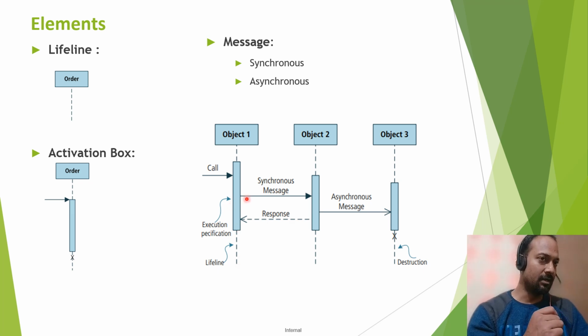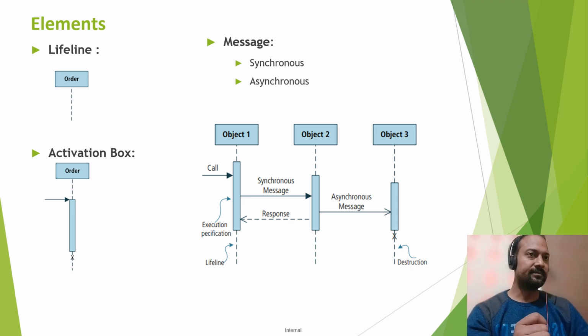And you can see the exchange of the messages in between, and at the end the cross icon is basically the termination of the process, which is also known as the destruction, right?